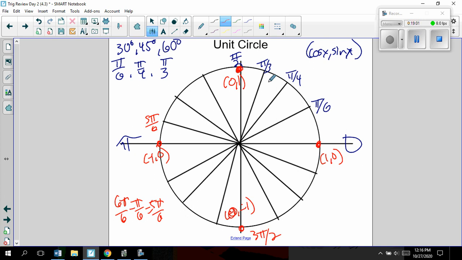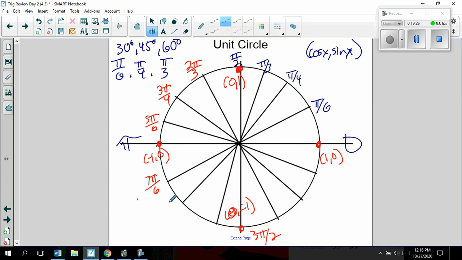Same idea, you're going to take a 4th away from 1, so this is 3 pi over 4. You're going to take a 3rd away from 1, so this is 2 pi over 3. Now going forward, you just add. So I want 1 more 6 to pi, so that is 7 pi over 6. I want 1 more 4th, so I'm going to erase this for a second here because it's in my way.